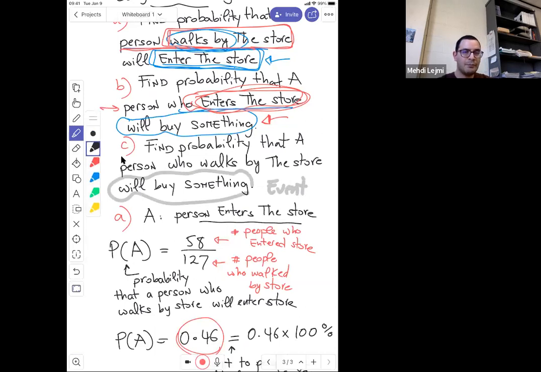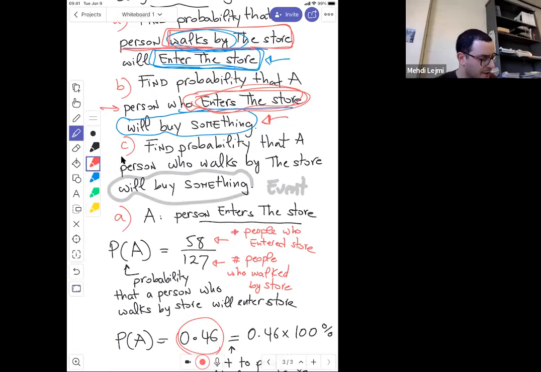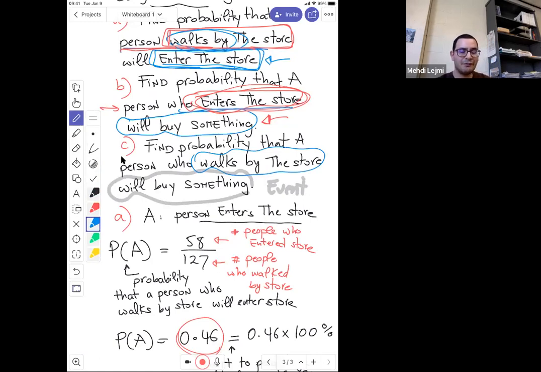Now, what's the sample here? Is it the people who entered the store or the people who walked by the store? Well, it says the people who walk by the store. So the size of the sample here will be the 127, because we have 127 people who walk by the store.